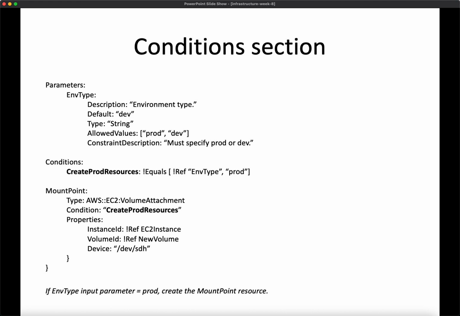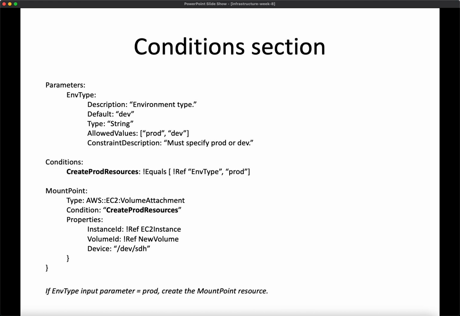We're using the equals intrinsic function to determine if the environment type parameter value that was passed in was prod, then the equals function will evaluate to true. And this create prod resources condition will also evaluate to true.